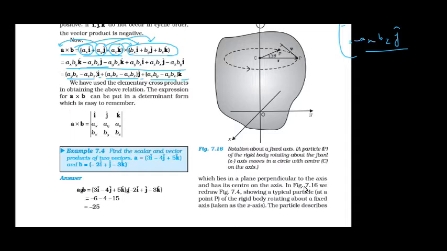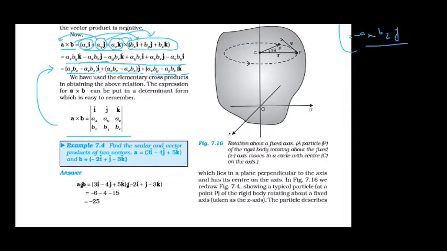The expression of a cross b can be put in a determinant form, which is easy to remember. So in determinant form, we can represent a cross b with rows i j k, ax ay az, and bx by bz. If we solve it, we'll get the same value here.